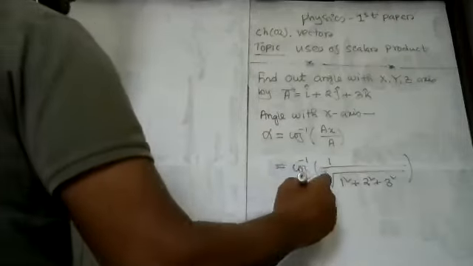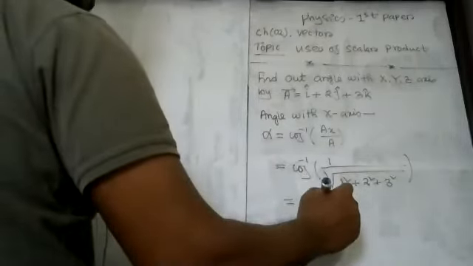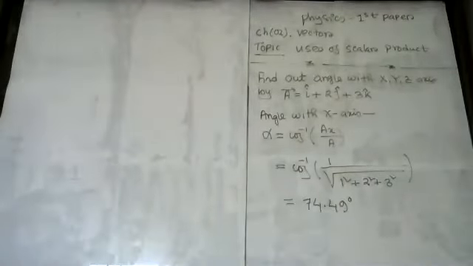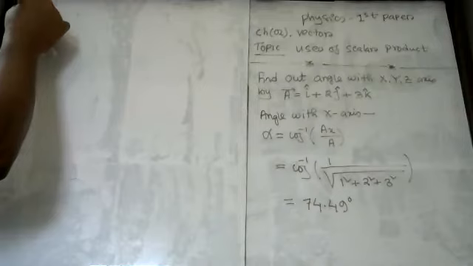Now, what is the value of alpha? 74.49 degree. Okay.